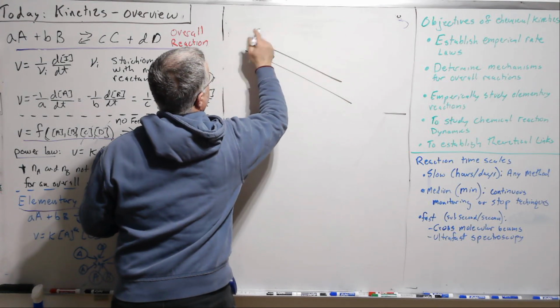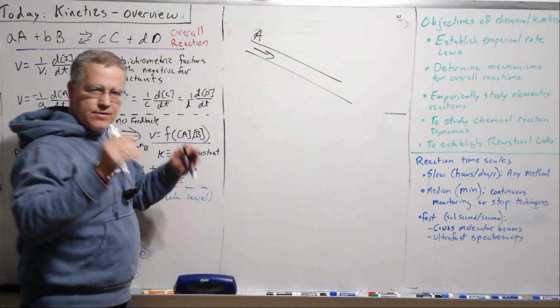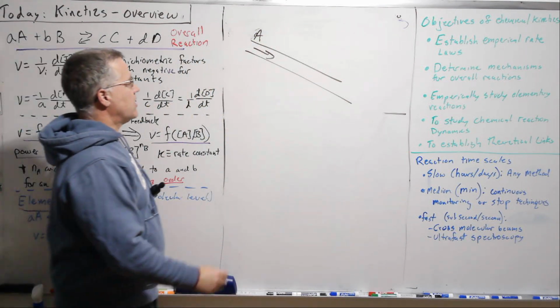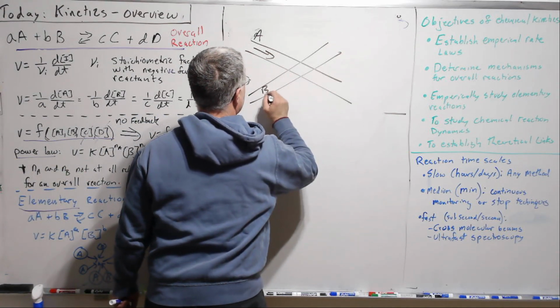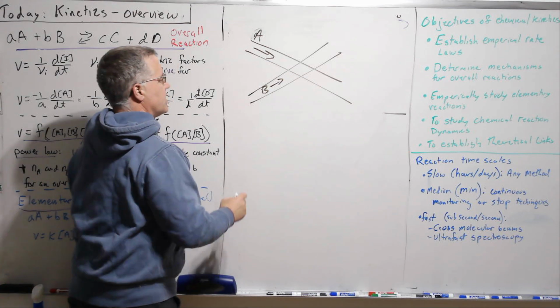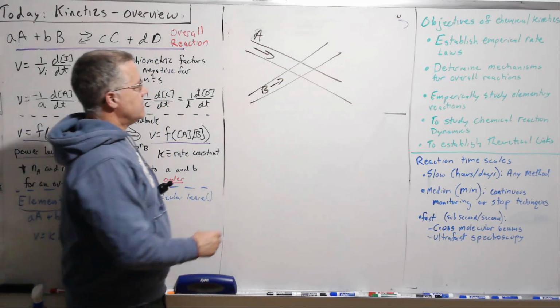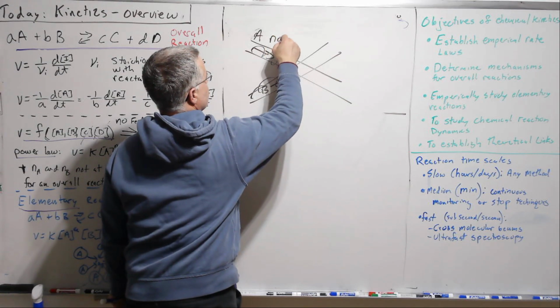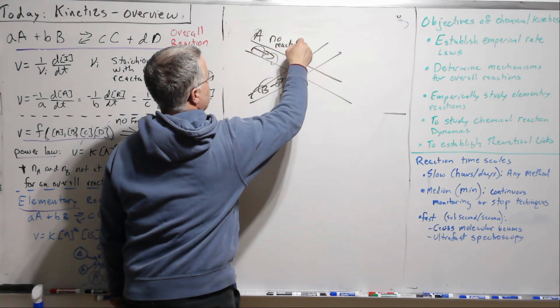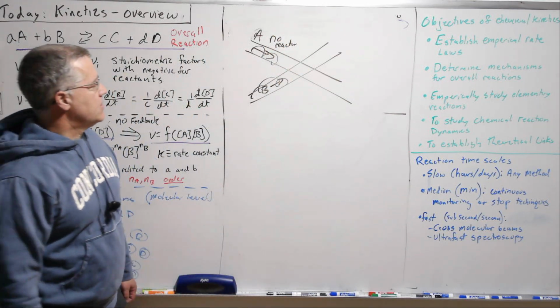Let's call that A. So we create a beam of A molecules going in this direction, and a beam of B molecules going in this direction. And everywhere in here, there's no reaction because A and B aren't mixing.